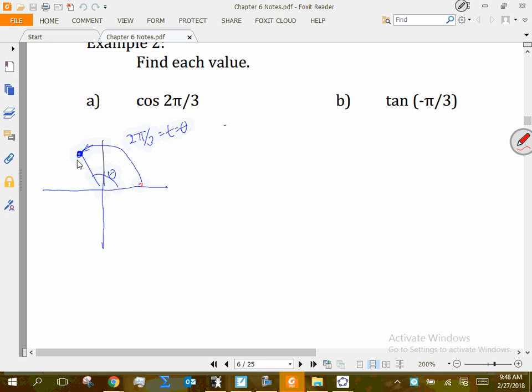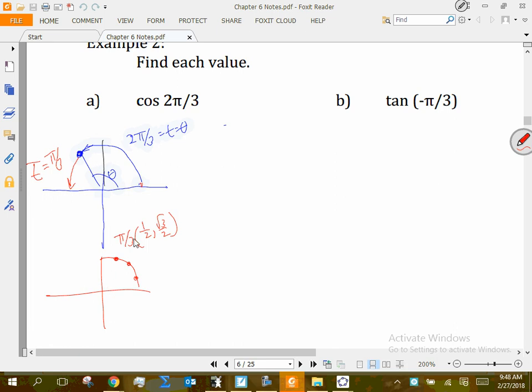So let's find that arc, which we call t bar, don't we? If the blue one's 2 pi over 3, what's the red one? Pi over 3. Now, my argument is that somewhere you should have committed to memory that pi over 3 has the ordered pair 1/2, root 3 over 2.